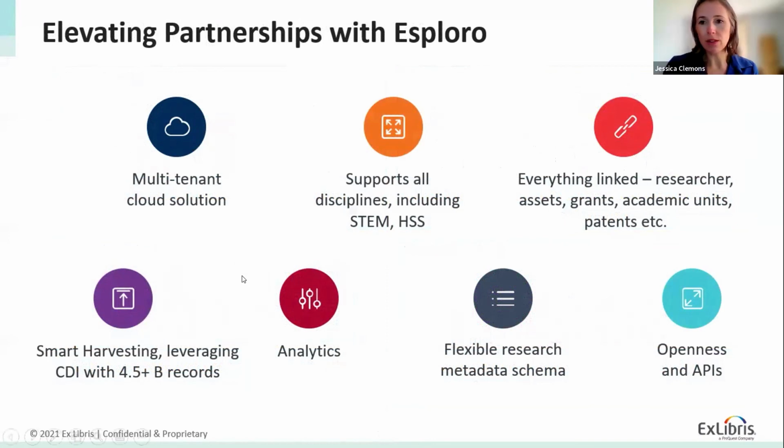Thanks, Sarah. I think you did a great job of talking about the powerful tools that Splurro has to make libraries more impactful on campus. But I also think that the open access functionality cannot be overemphasized, because the first step in any open access policy is first knowing what faculty have published.